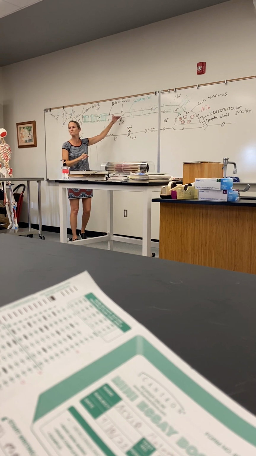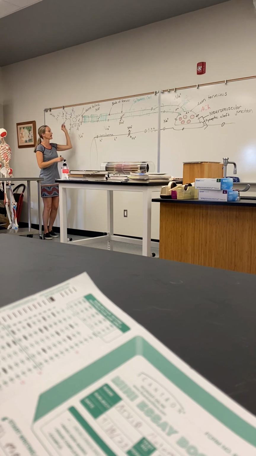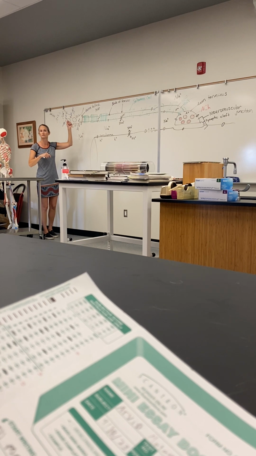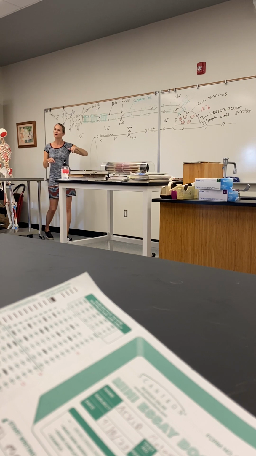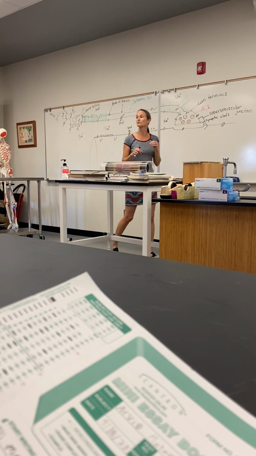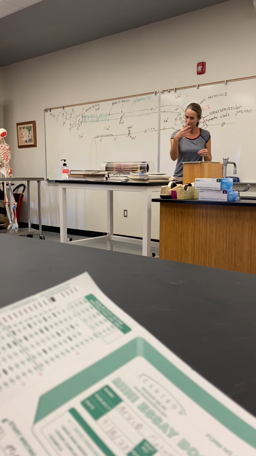For this neuron to fire, we don't want it to fire just accidentally. So there's a trigger potential. We call it a threshold potential. When this neuron reaches negative 55 millivolts, negative 55 is the threshold that will initiate that action potential.